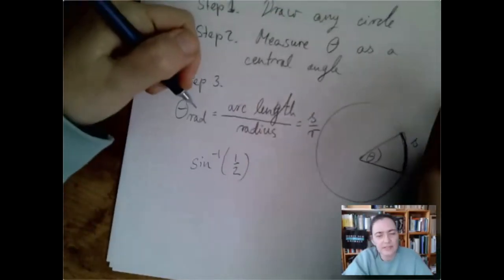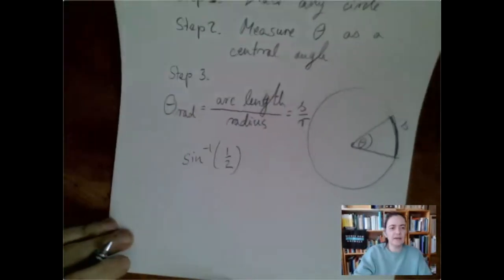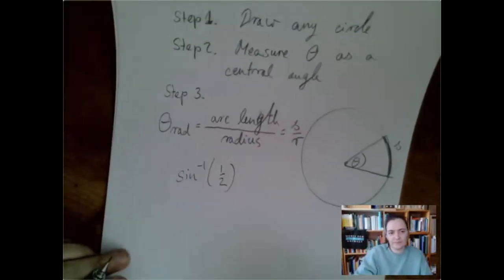In fact, you understand what this is. Don't tell me how much this is, but you understand what this is asking about. It's basically asking for an angle whose sine happens to be 1/2. The calculator will probably say 30 degrees, right?